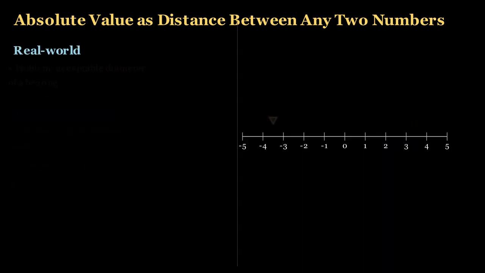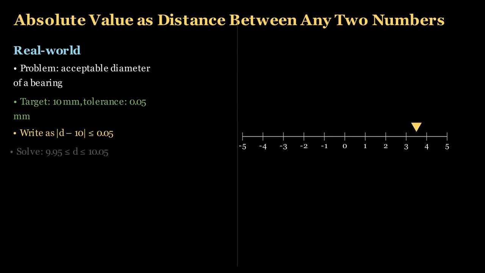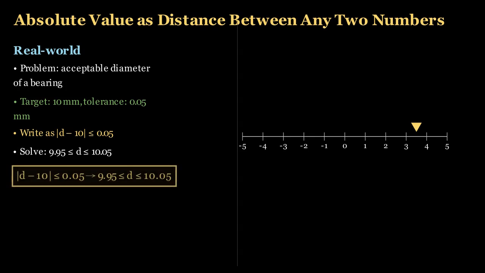To find the acceptable range, we split it: d - 10 must be greater than or equal to negative 0.05, and less than or equal to positive 0.05. Adding 10 to all three parts gives us 9.95 ≤ d ≤ 10.05. So any bearing with a diameter between 9.95 and 10.05 millimeters passes inspection. The absolute value gave us a precise, compact way to state the tolerance, and the number line picture shows it clearly.